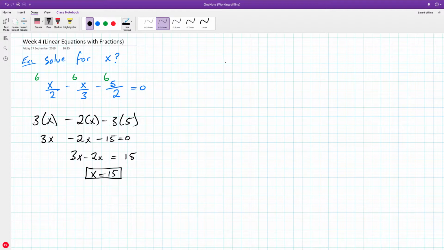Right, let's have a little go at this with me then. Off you go, solve that for x.